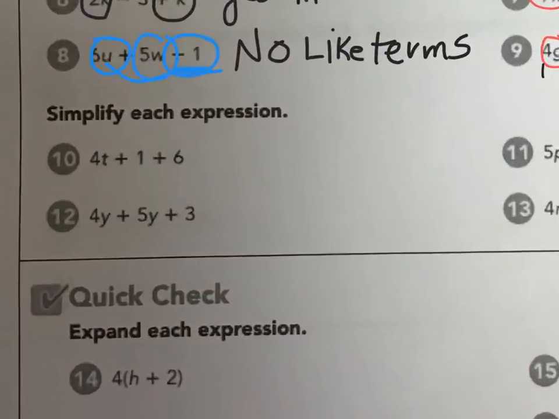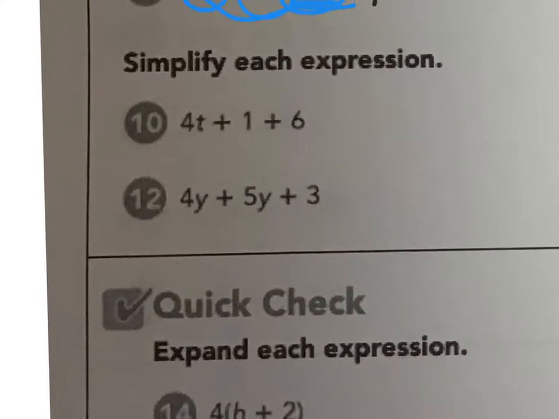All right, now let's look at this one. This one we're actually going to simplify the expressions. So, can I put the t with anything? No. But can I put a negative or a positive 1 with a positive 6? Yes, 1 plus 6 is 7. So your final simplified expression would be 4t plus 7.